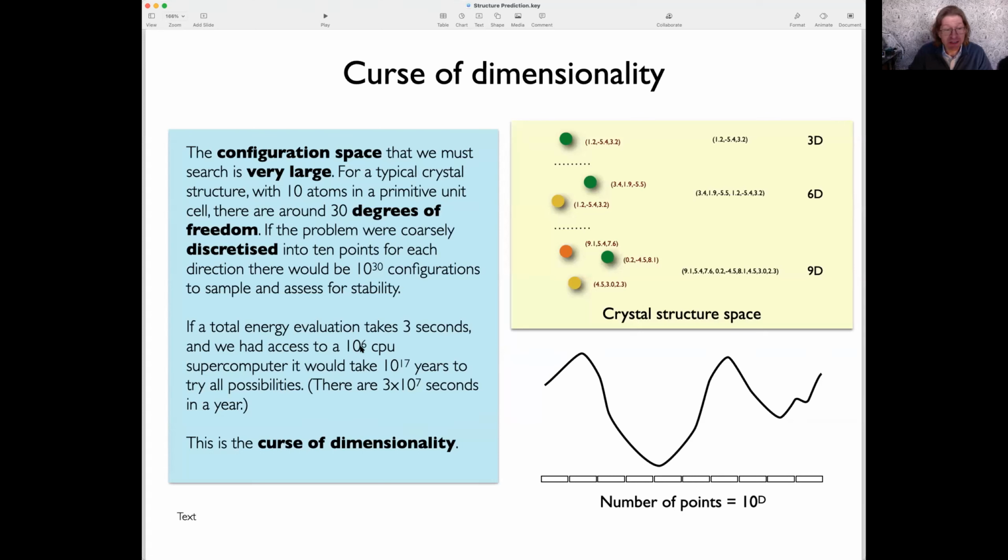Okay, it is possible to calculate the energy in 3 seconds for 10 atoms, and it is possible to have a 1 million core supercomputer, but it would take us 10 to the 17 years to try all those possibilities, because there's 10 to the 7 seconds in a year. That's dramatically longer than the time we have in the universe. So even with this million-core supercomputer, we can't search through even a coarsely discretized grid for 10 atoms in a primitive unit cell. So we just can't do that.